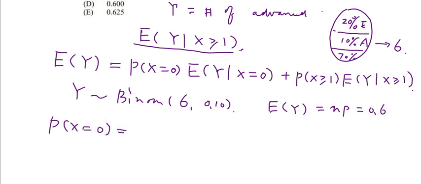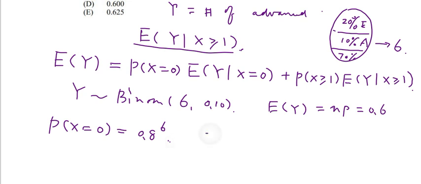It means we pick 6 people, and from this part pick 0. So the chance of picking from this part is 20%, so not picking is point A, and this happens 6 times: the first one is not picked from this part, the second one is not from this part, and so on. So we find P(x equals 0) easily.